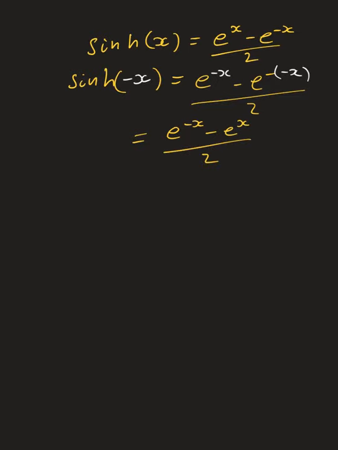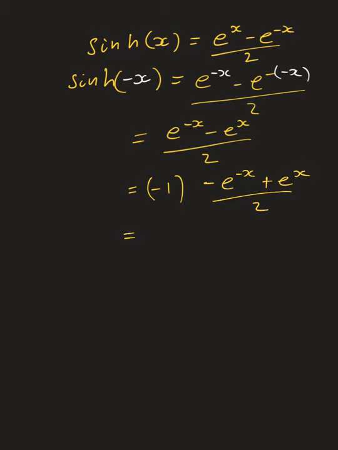Now that directly doesn't look like the definition of sinh or cosh. But if I take out a factor of minus 1 here, I can say that's minus 1 times minus e to the power of minus x plus e to the x over 2.